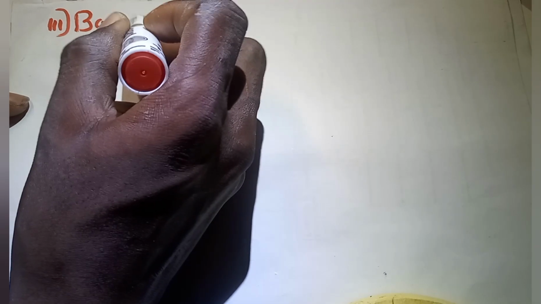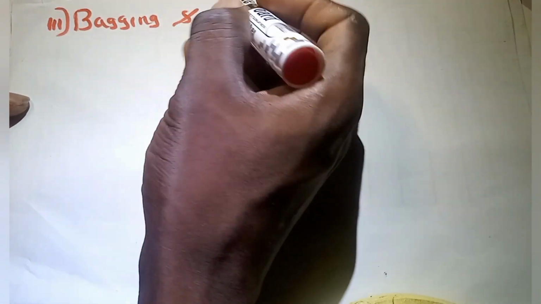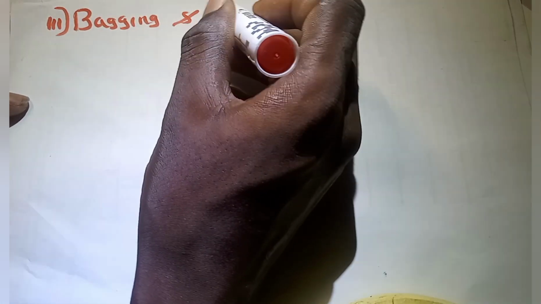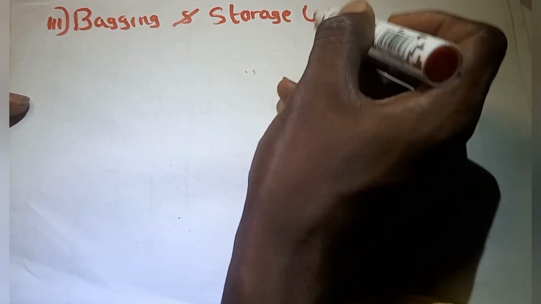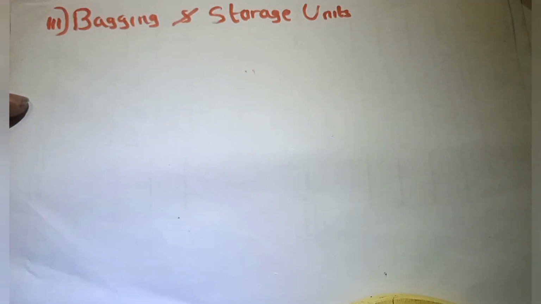Between the bagging and storage unit, the distance is what? What's the distance?